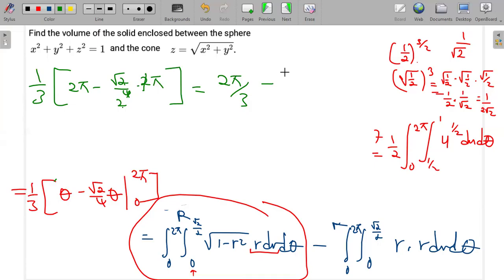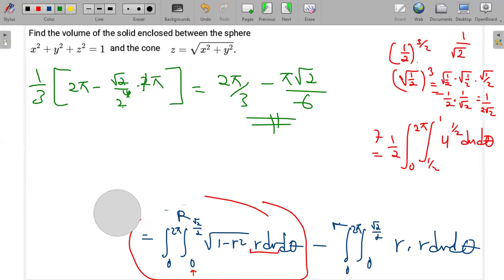So that will just be pi root of 2 over 6. Okay, so this is the integral for the first part. So this part here has given us 2 pi over 3 minus pi root 2 over 6.